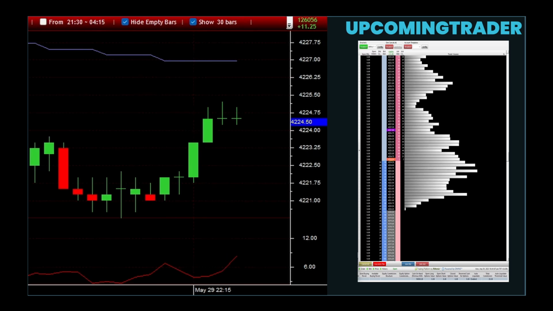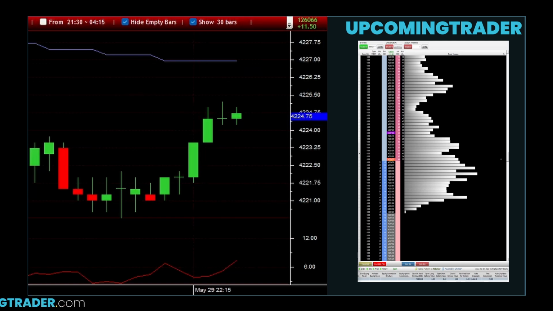For example, daily charts are excellent for identifying overall market structure and longer-term value areas, which can help you spot major support and resistance levels. Weekly TPO charts can be useful for understanding broader trends and getting a big picture perspective on where value has been established over longer periods.